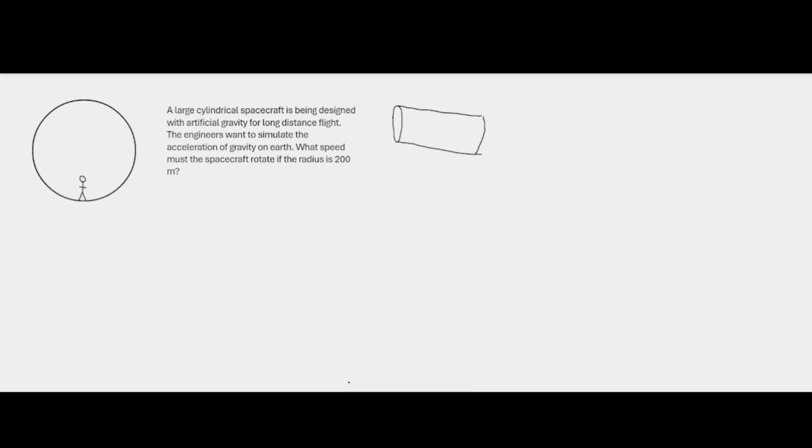And the cylinder would be rotating about some axis that goes through it, and the rotation would be like this. So because this circle is rotating, well, you're going to have uniform circular motion. So this point where the person's standing is going to be moving.